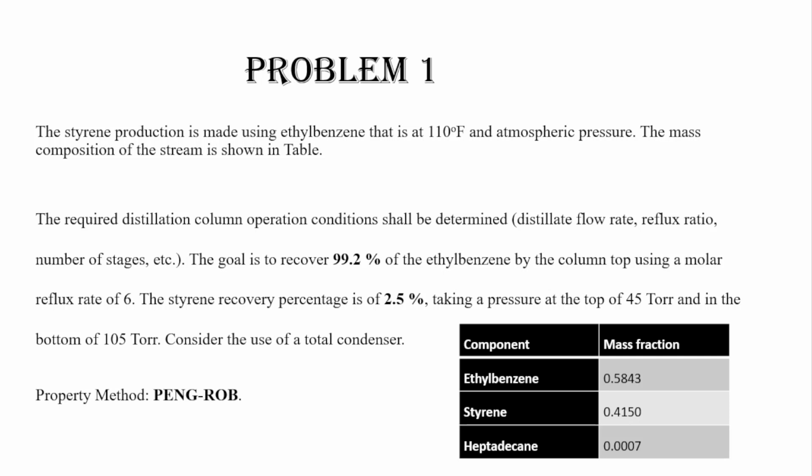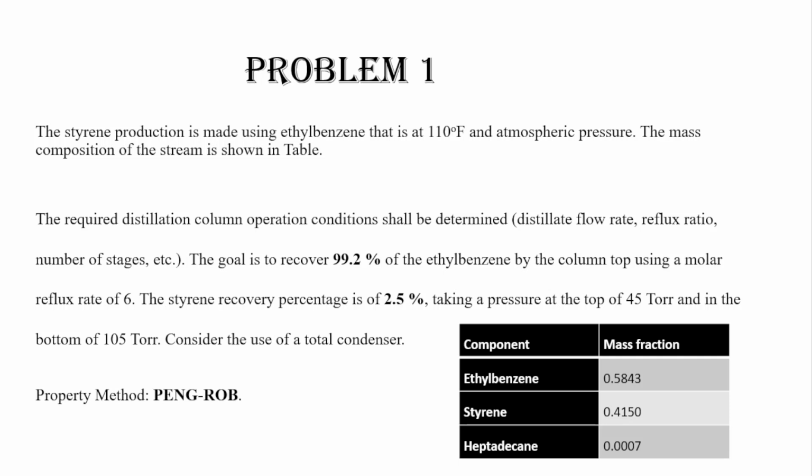The required distillation column operation conditions shall be determined. That's distillate flow rate, reflux ratio, number of stages. The goal is to recover 99.2% of the ethyl benzene by the column top using a molar reflux ratio of 6. The styrene recovery percentage is 2.5%, taking a pressure at the top of 45 torr and in the bottom to be 105 torr.